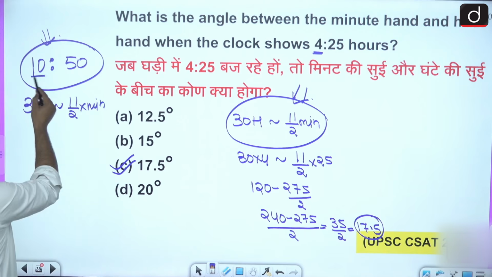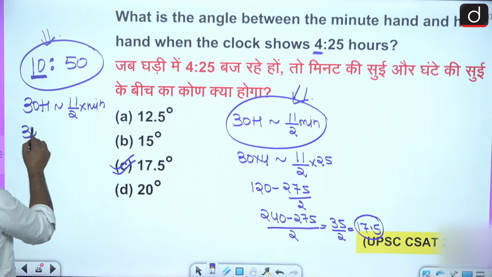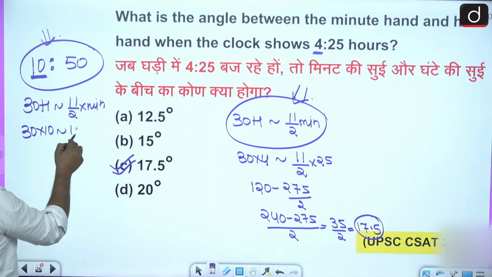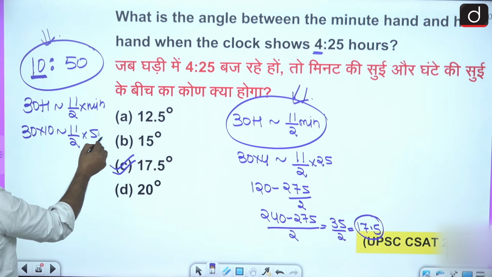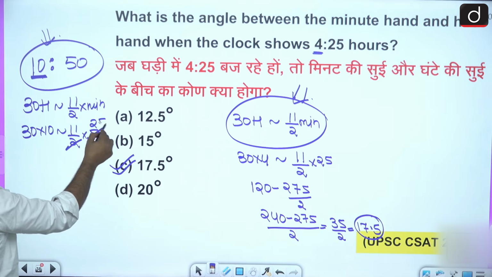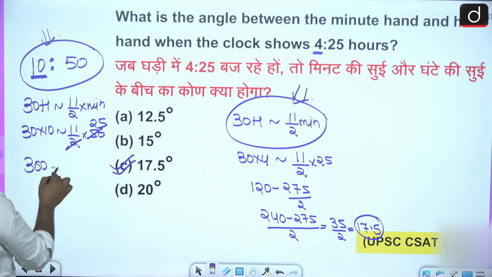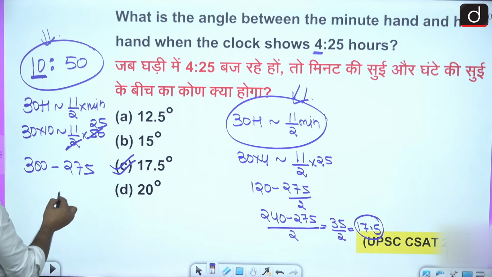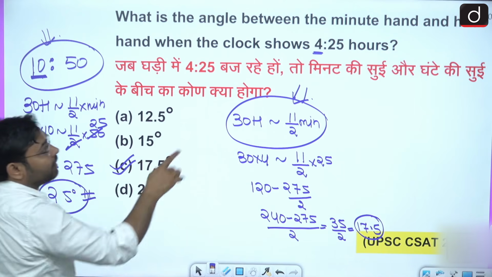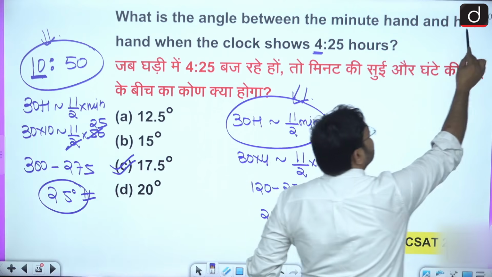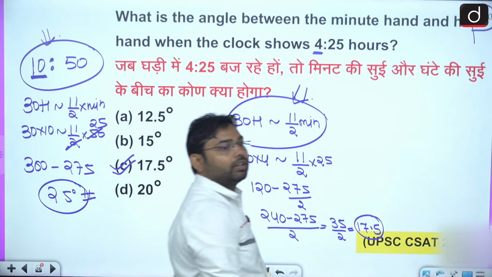Got it? H is 10, so 30 into 10, 11 by 2 into 50. This is 275. So 300 minus 275, the difference is 25 degrees, the angle at this point of time. This is 10:50.